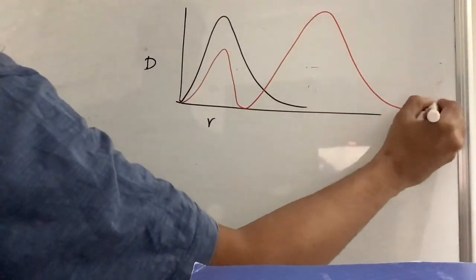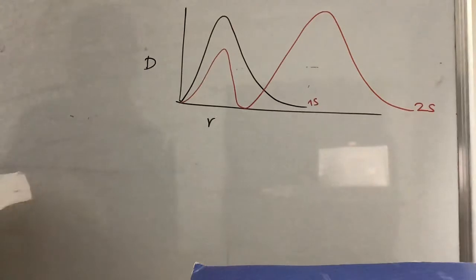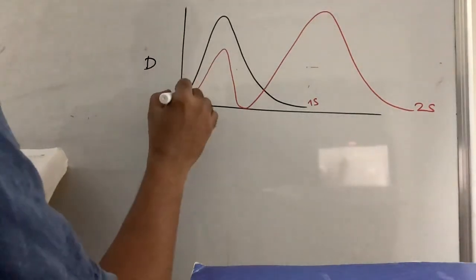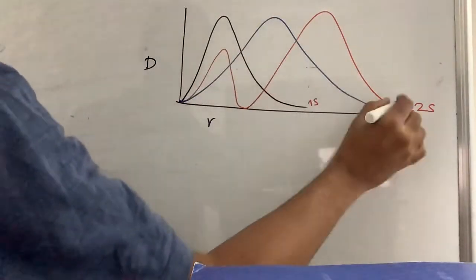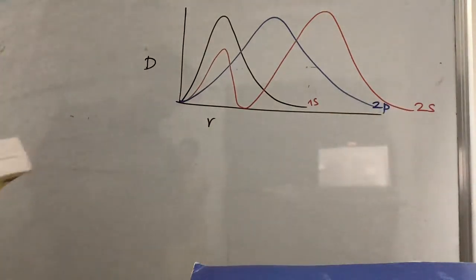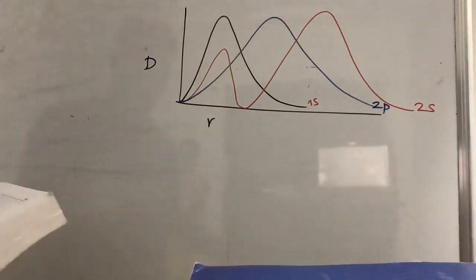The red color is 2s, and this is 1s. And the 2p orbital is, interestingly, like this. See here the interesting points.